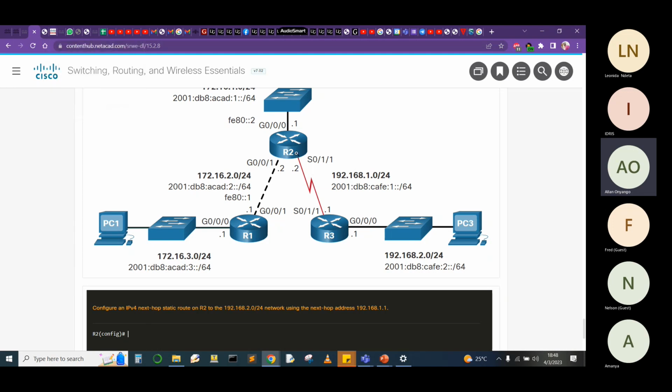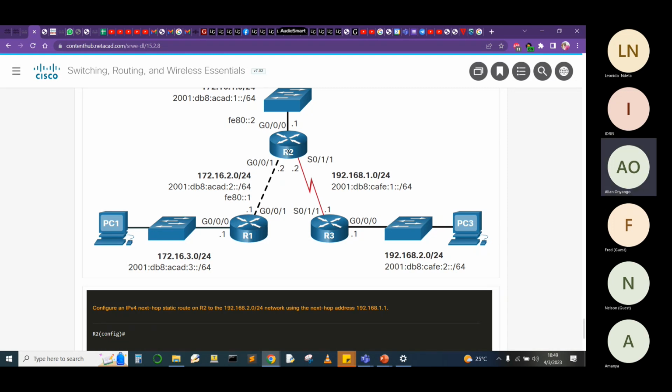And so being at R2, you know that R2 has only 2 remote networks. R2 has this remote network, 172.16.3.0, and R2 has 192.168.2.0. All the other 3 are directly connected to R2. And so from R2's perspective, to reach PC1 LAN here, the exit interface must be G0/0/1, and the next hop must be 172.16.2.1.